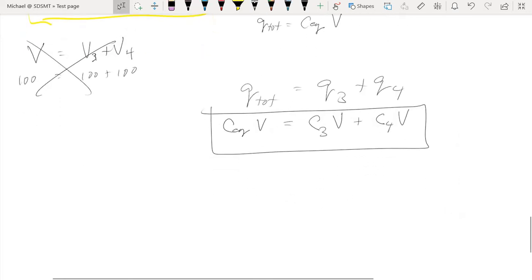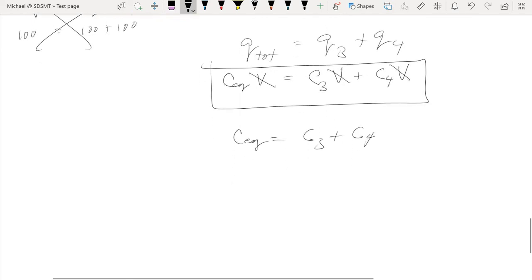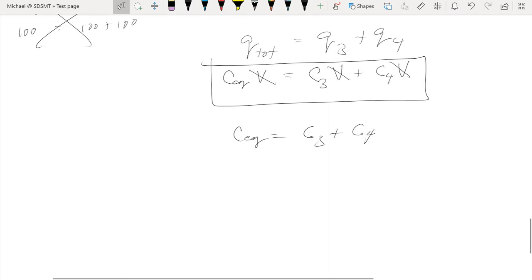And here we have every term with the common potential V. And now we have exactly what we needed. We have the summation of the two capacitors equals the equivalent capacitance of the circuit.